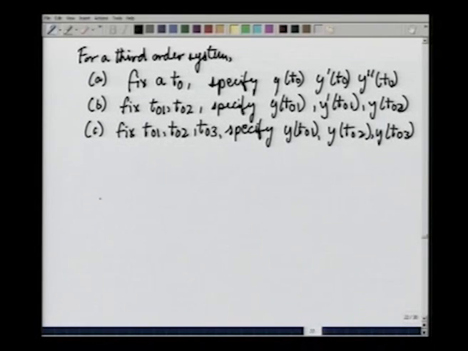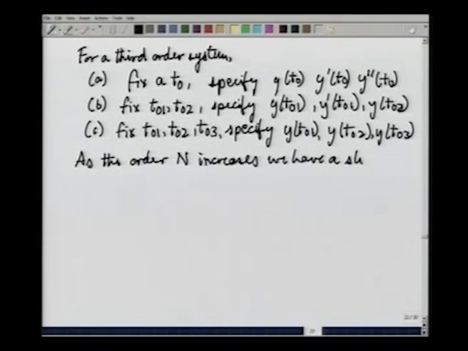So, as the order n increases, we have a still greater variety of options.